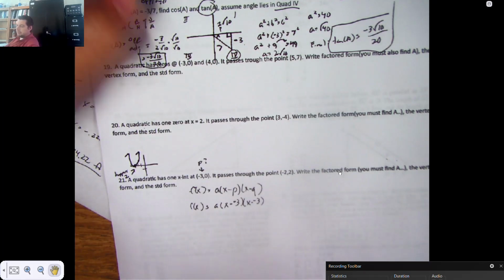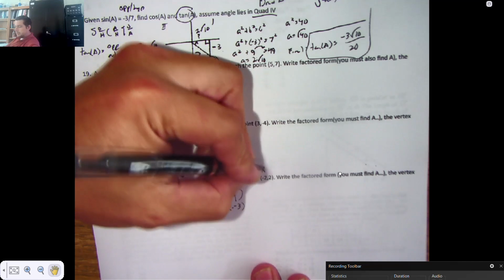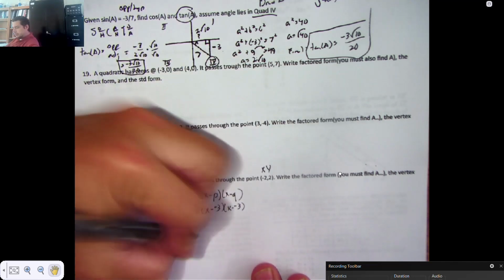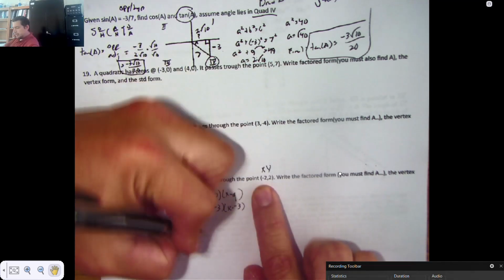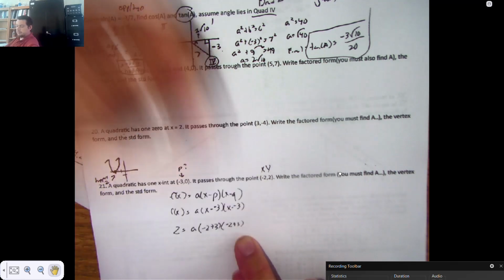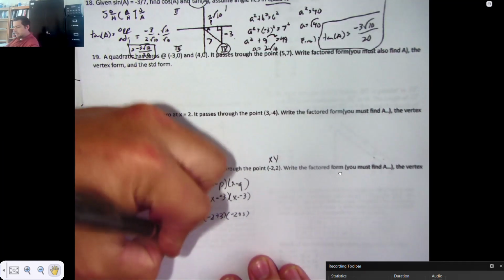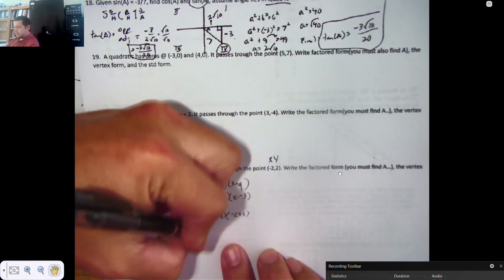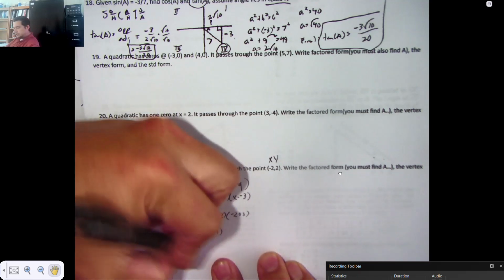Now I'm going to plug in what I have. I've got a point which gives me an x and a y. 2 is a times negative 2 plus 3, because taking away negative is addition, times negative 2 plus 3. 2 is a times 1 times 1. Well, this just tells me that a is 2.